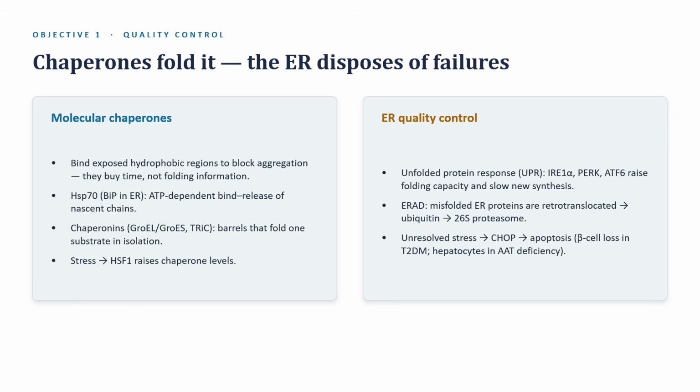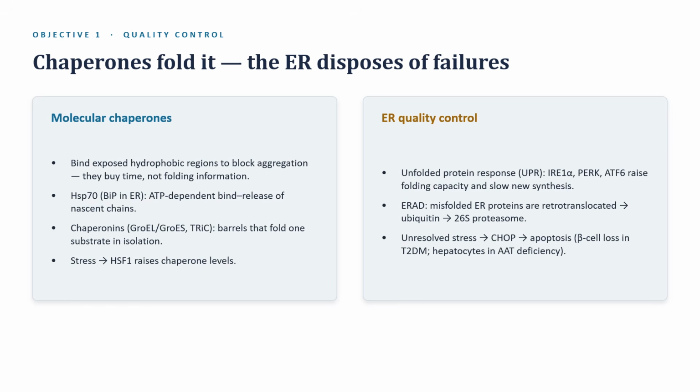Notice what they do and don't do. They buy the protein time and space to fold, but they do not supply the folding information. Remember that. Chaperones do not supply the folding information. That is in the sequence. Chaperonins, such as GroEL, take this further, enclosing a single protein in a chamber to fold in isolation.